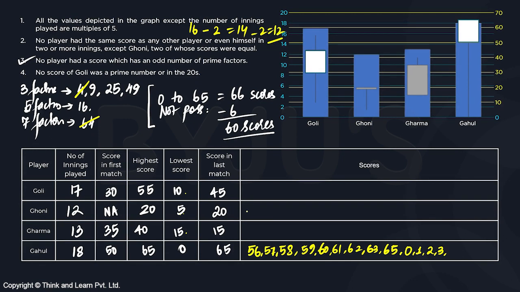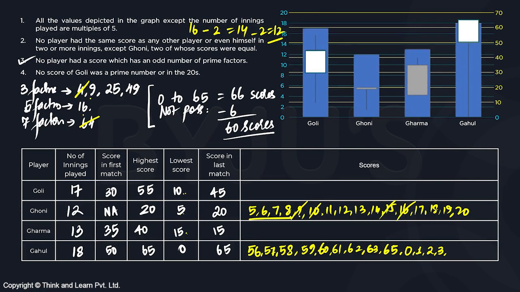So for Goni, all 12 scores, we can write from 5: 5, 6, 7, 8, 9, 10, 11, 12, 13, 14, 15, 16, 17, 18, 19, 20. So these are 16 scores, but Goni only requires 12. Out of these, we can't take 9 because 9 is not allowed. We can't take 16 because that is not allowed. We can't take 10 and 15 also, the reason being that they are already going to be included for Goli and Garma.